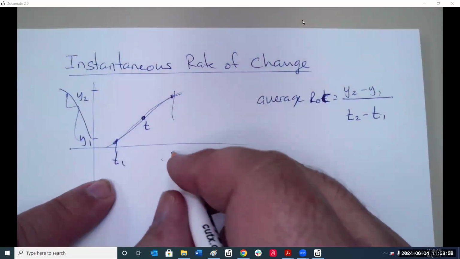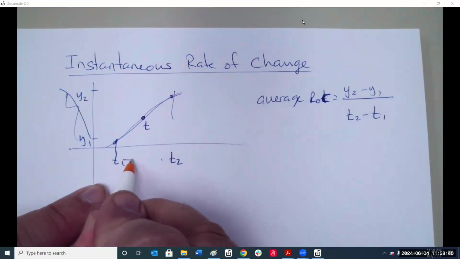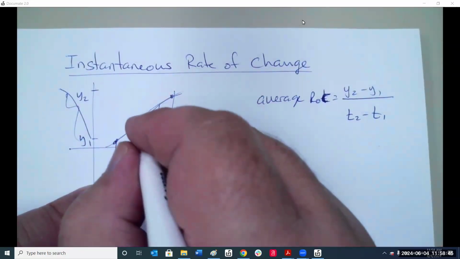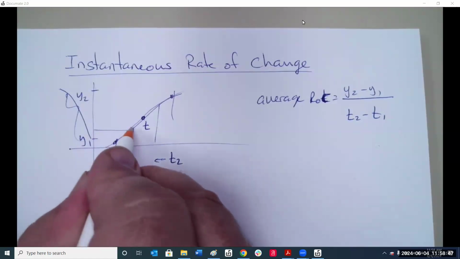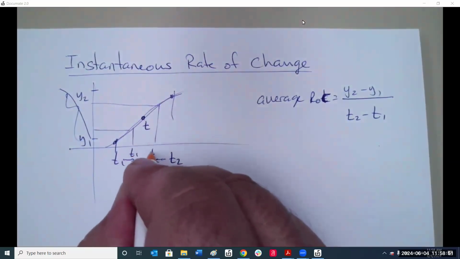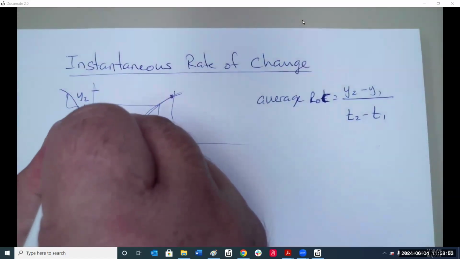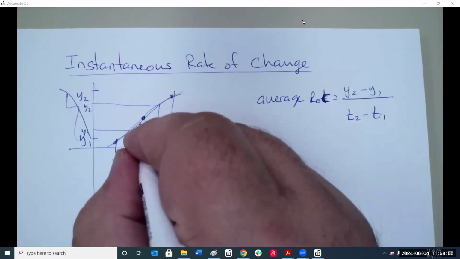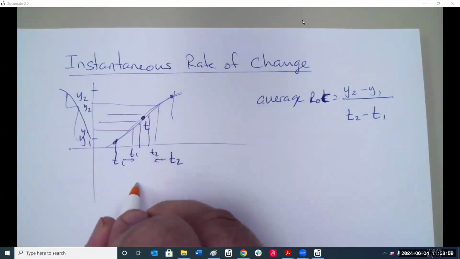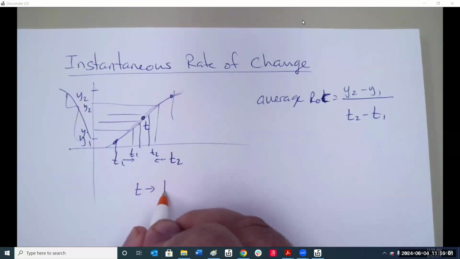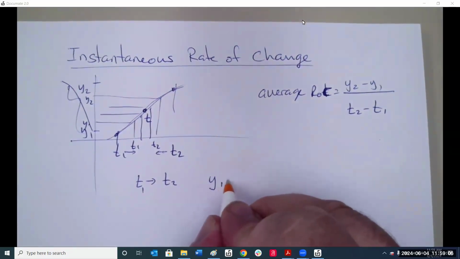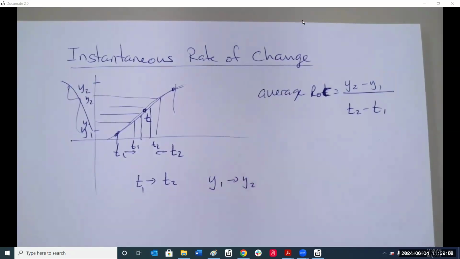If you think about what's happening here, both of these intervals are getting closer and closer together. So now my T1 is here, my T2 is here, and then it gets closer and closer. What's happening here, as T1 goes to T2, Y1 is going to Y2.